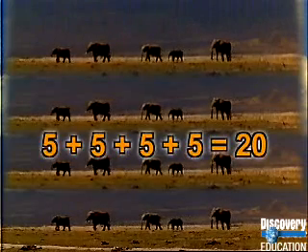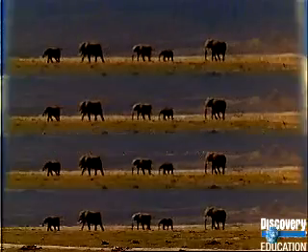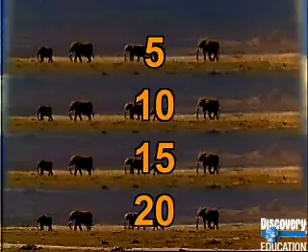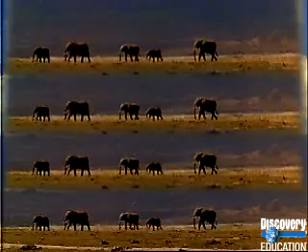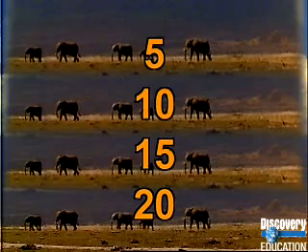Add 5 more elephants, and we've already made it to 20. 20 is the same as 4 sets of 5. 5, 10, 15, 20. Or counting down, 20, 15, 10, 5.